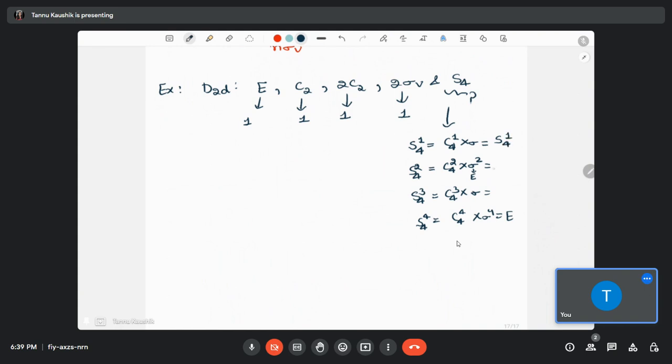This is S4^1, this is C2 or C4^2, and this is S4^3. So S4^2 won't be counted in a class, and this will be counted in one class, and this will have another one class.